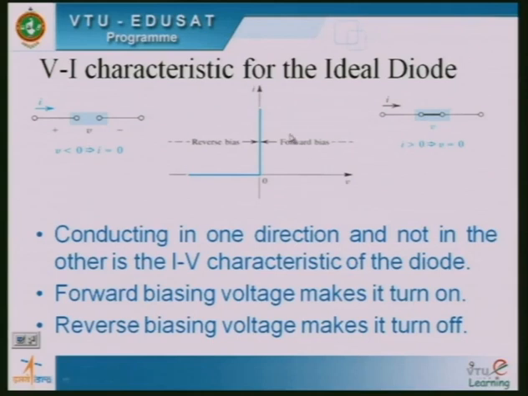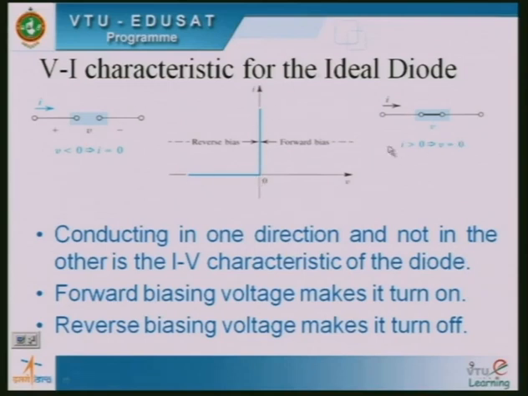If you look into the VI characteristics of the ideal diode, the diode behaves like an open circuit for V less than or equal to 0, which corresponds to I equal to 0. So in the case of reverse bias, this is the characteristic we get for an ideal diode.